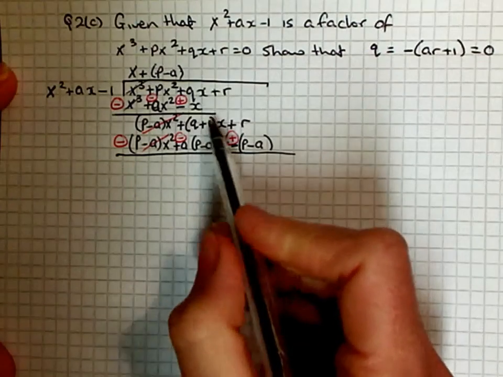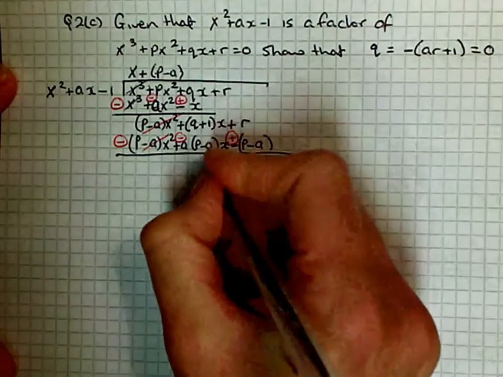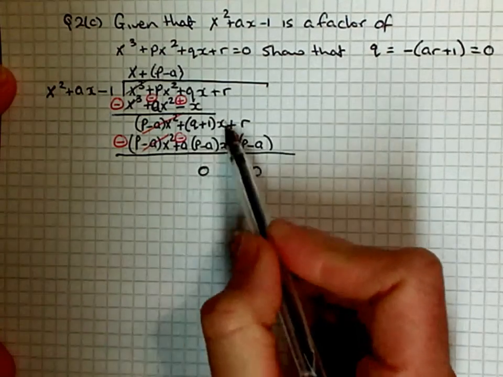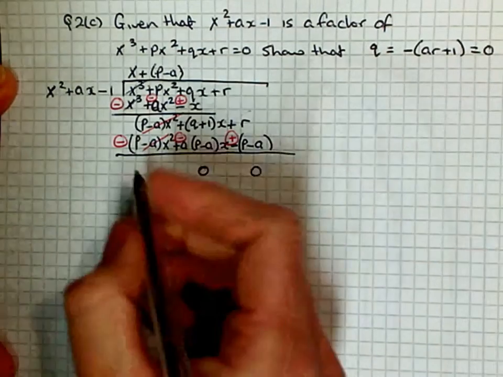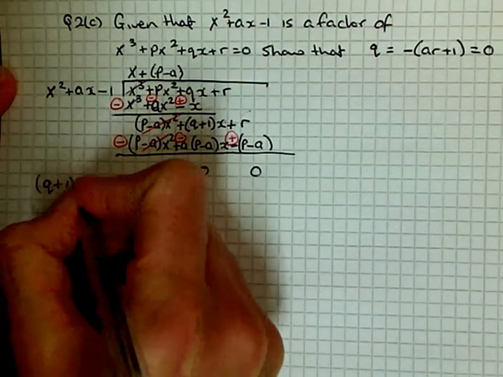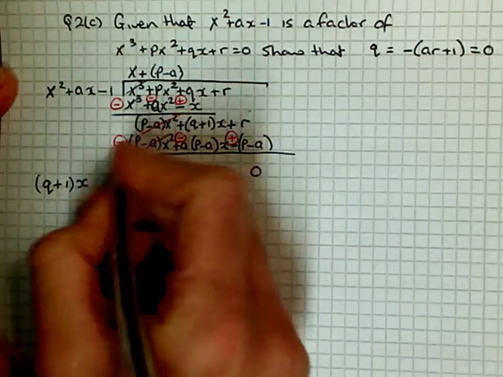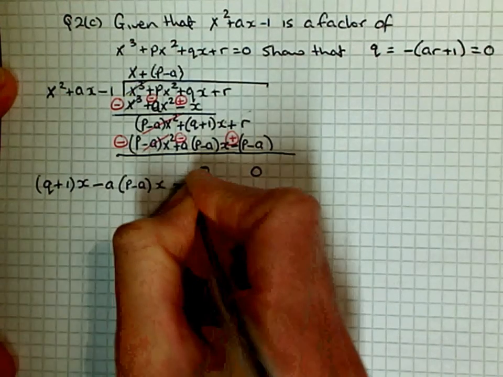Now I know that what I'm left with here, I have absolutely no remainder, so I'm just going to put 0 underneath, and I'm going to let all the x terms equal 0, and all the constants equal 0. So I'm going to have (q plus 1) x minus a (p minus a) x, and that's all equal to 0.